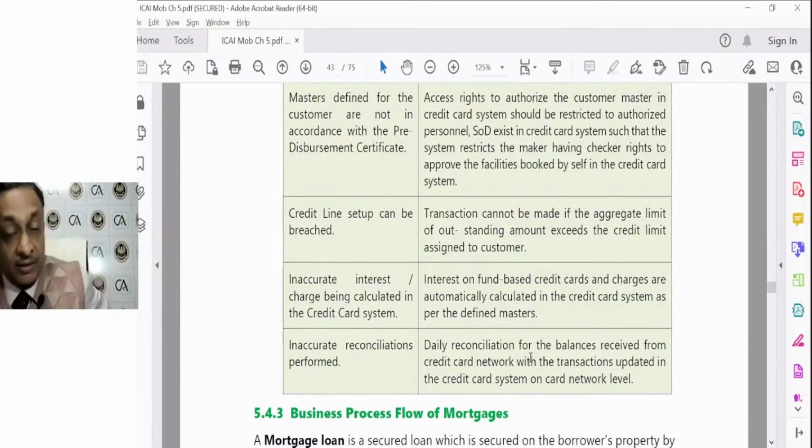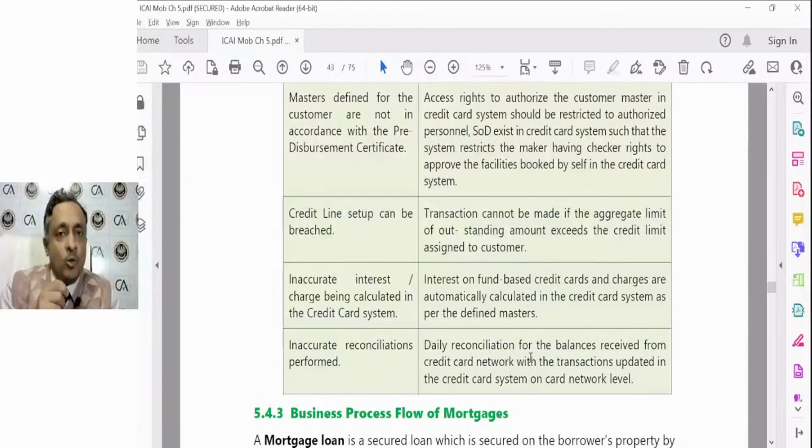Now, the SMS you get on your mobile is immediate. The number to which you can call immediately is also in the SMS. It is already linked to that. So if you immediately inform, what will happen? Your card will be immediately blocked the next second.